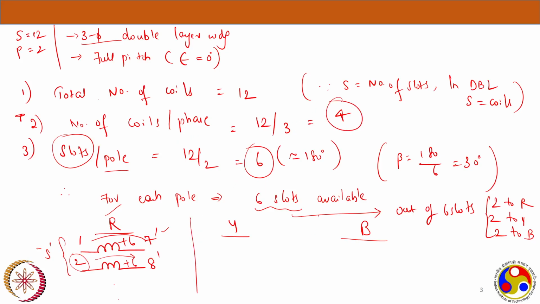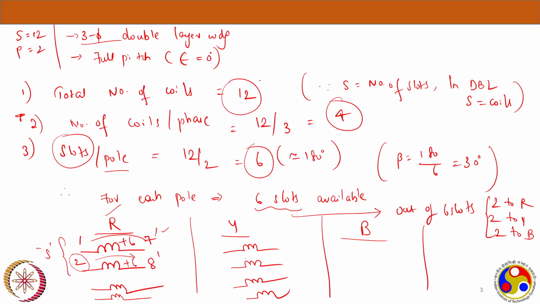So this is R phase, this is Y phase, and this is B phase. There will come another two coils. I don't know the slot numbers yet, we will look into it later. But this is the terminology. Each phase will have four coils. Now 4, 4, 4, these are 12 coils. That's the total number of coils, 12.